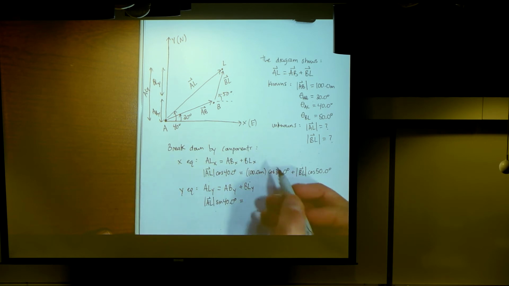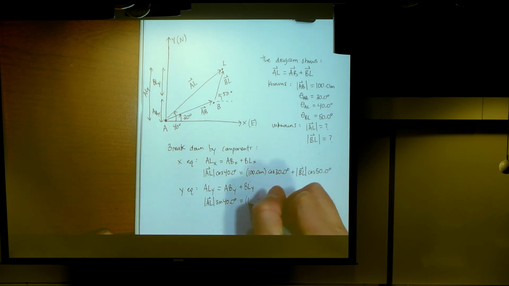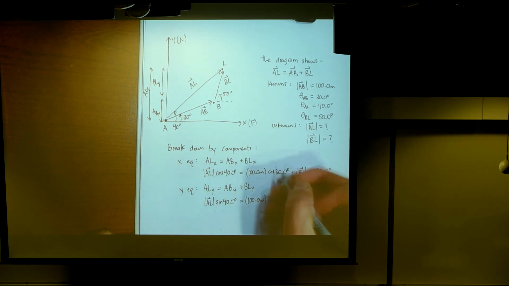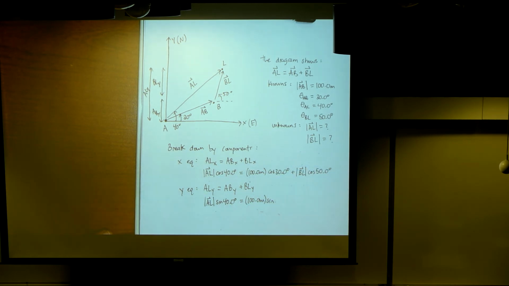That's going to be magnitude of AB, which is 100 meters. We said that already. And then I'll take the sine of the angle associated with that vector, which is 30 degrees. And then I'll take, for this last one, the magnitude of BL times cosine, sorry, what am I saying? Sine of 50 degrees. Okay?